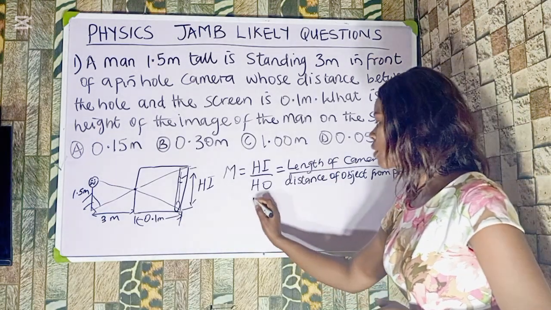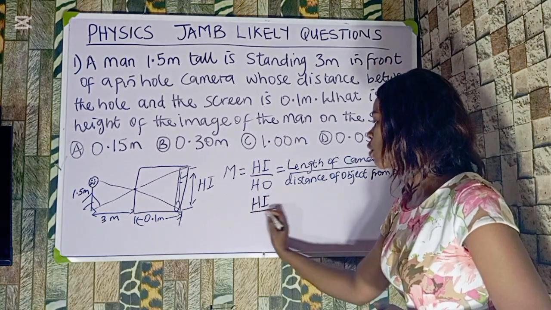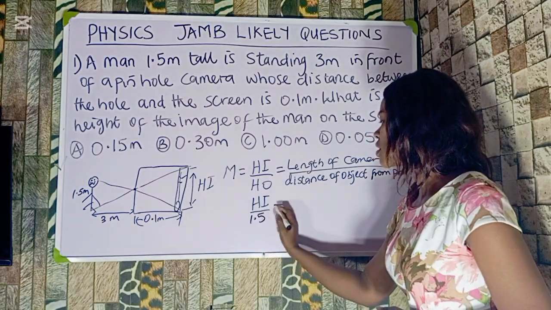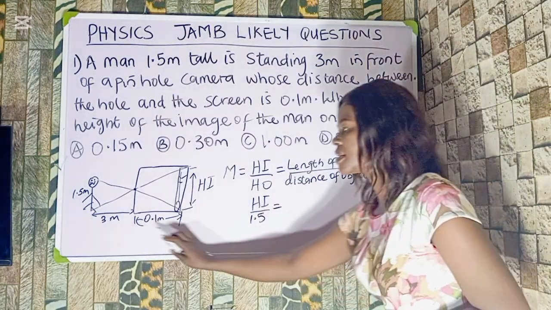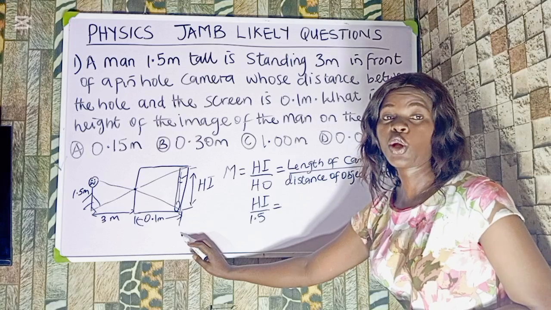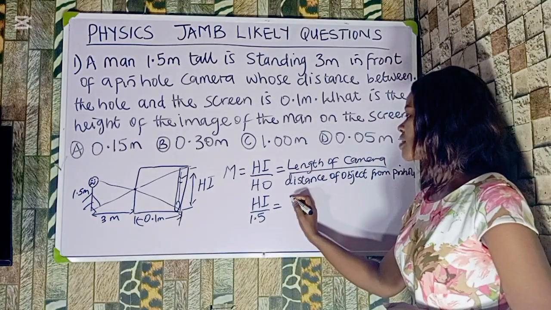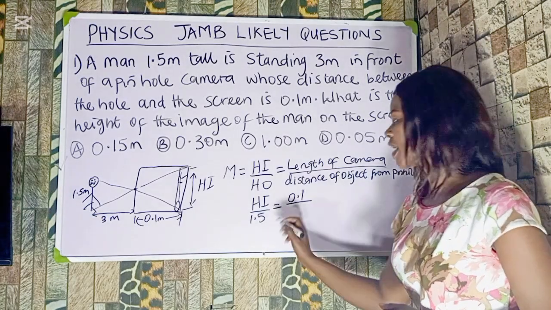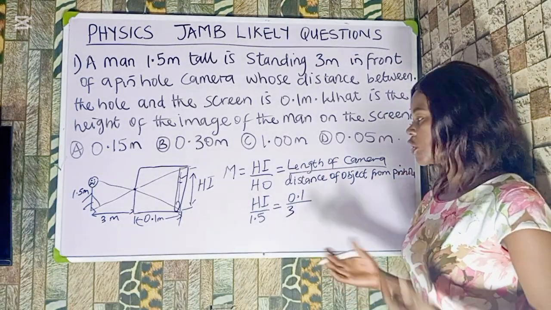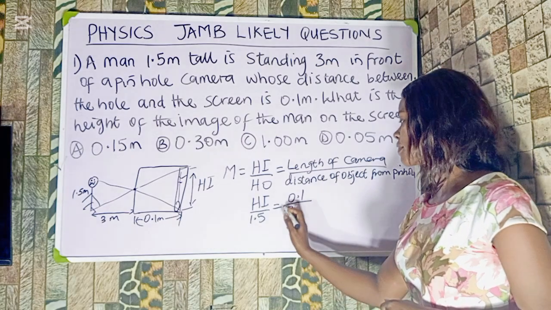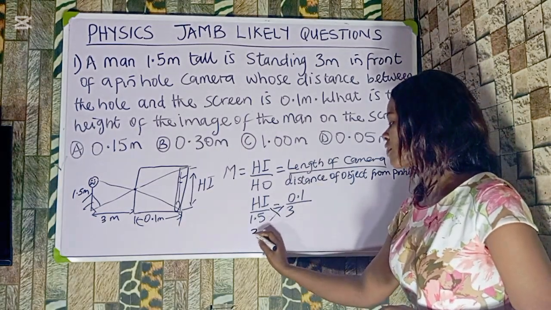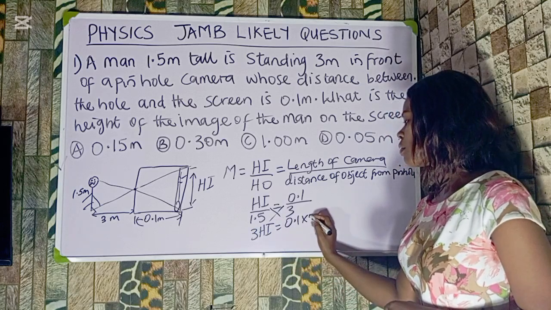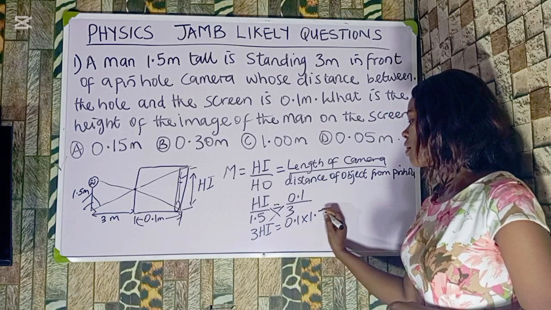Now what's the height of the image? That's what you are looking for. So the height of the image, h_i, over the height of the object, given as 1.5, is equal to the length of camera. This is the distance of the image from the pinhole, also known as the length of camera, given as 0.1, divided by the distance of the object from the pinhole, given as 3. So simply we cross multiply: 3 times the height of image is equal to 0.1 multiplied by 1.5.